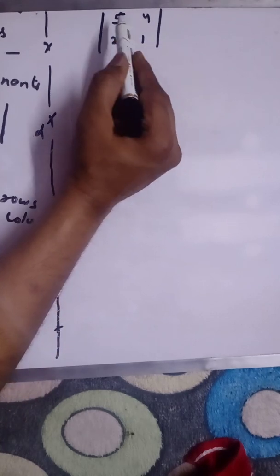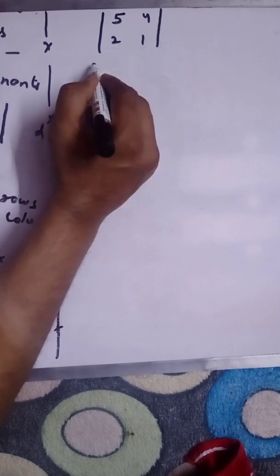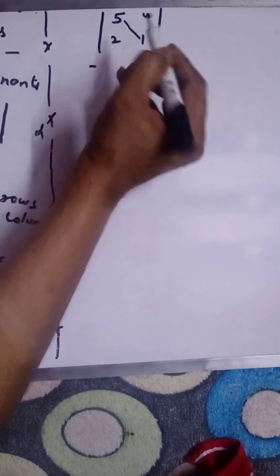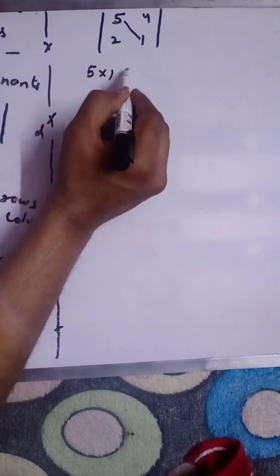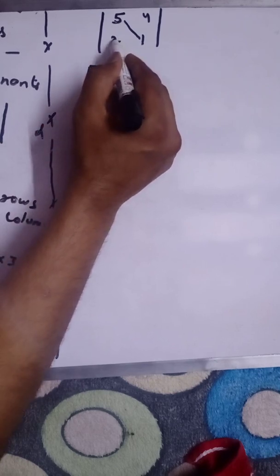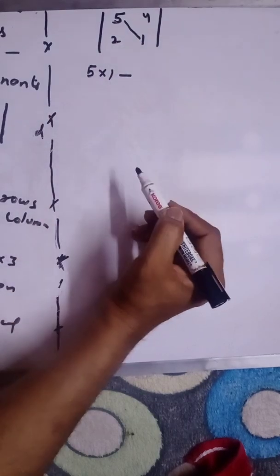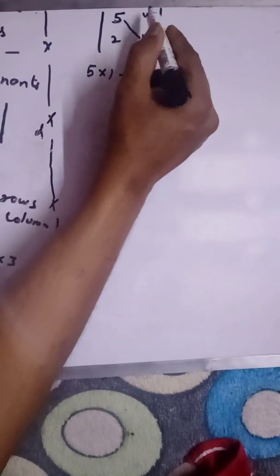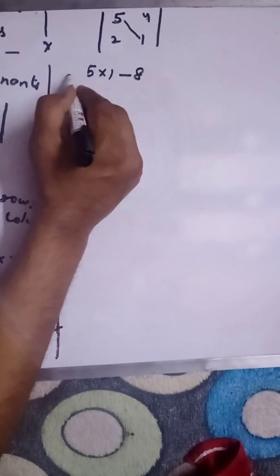What you have to do? You have to multiply this number with this. Okay. Fine. These elements you have to multiply, 5 into 1. Then when you multiply the next two, these two values 2 and 4, you have to put a sign of negative between them. Then you can multiply these two, the 4 into 2, that would be 8.